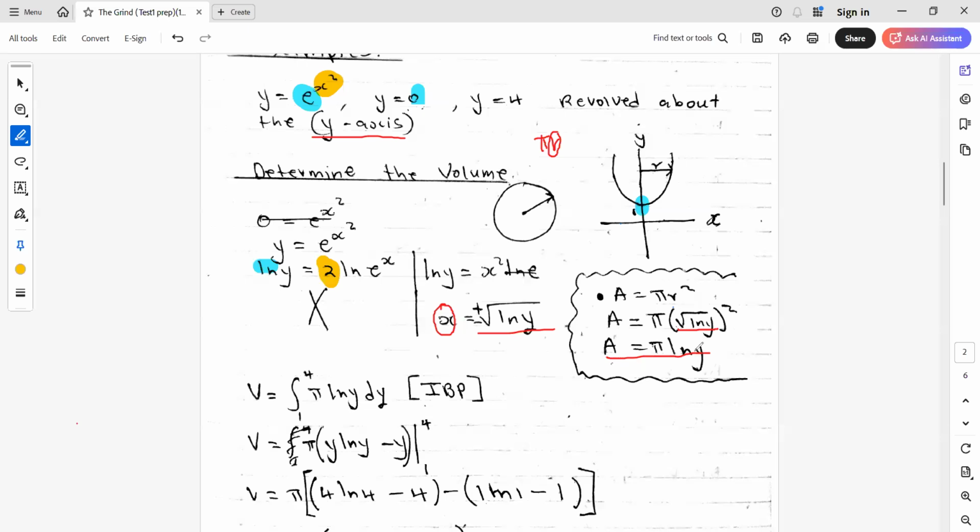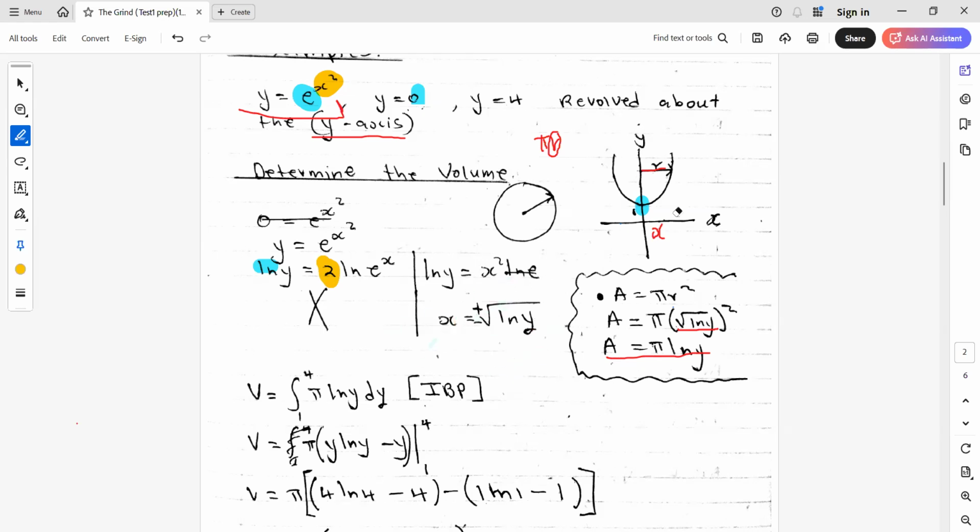Okay. Then after that, you're just going to have to integrate that. But if you are a master, you should try to draw these. You can see right over here that your radius is just going to be your x. So in this case, what is your x if we have this? You will have to solve for x. And then when you solve for x, you're going to come back to this thing, the square root of ln of y. Then after that, you will have to solve that.